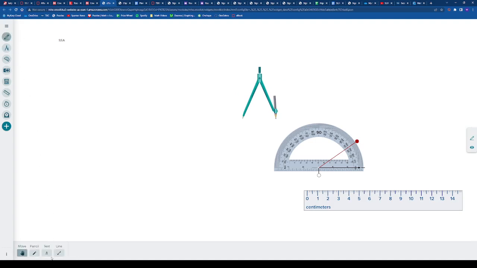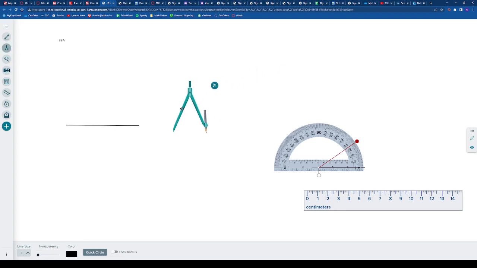Let's start off with a line segment, like always, because we have side, side, angle, so we'll start with a line segment here. And then we're going to make a second line segment, but we don't know what angle it's at. So we're going to make a circle because we have a line segment of unknown length.